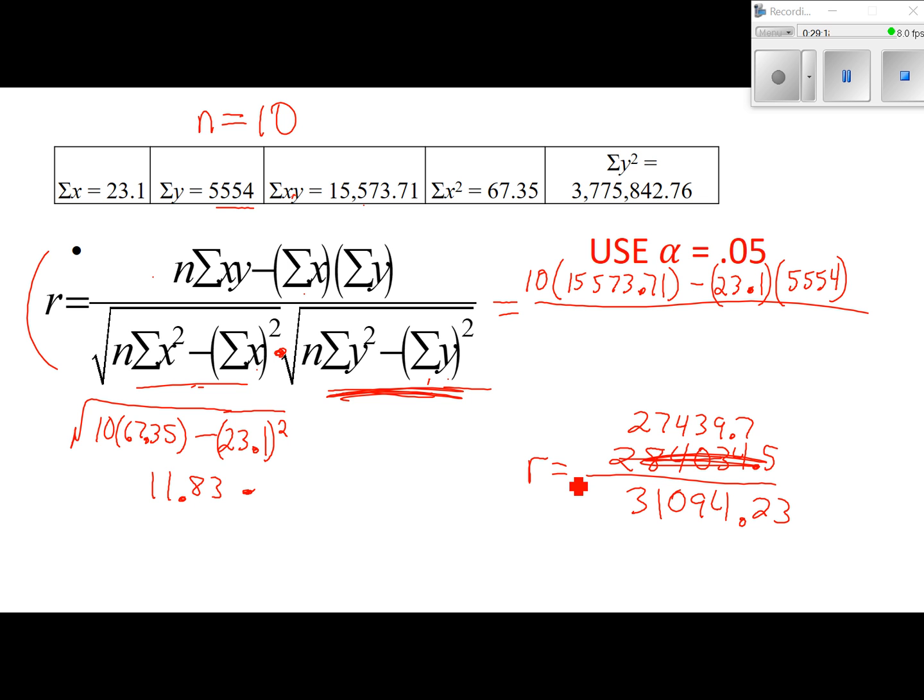So if I take that number divided by the 31,094.23, I end up with 0.8825.